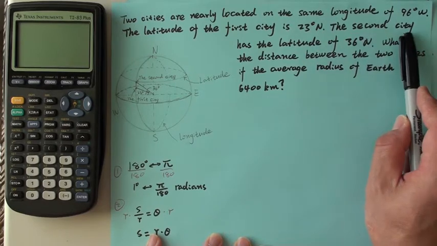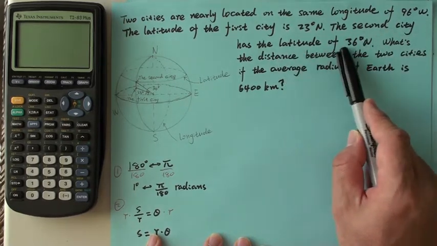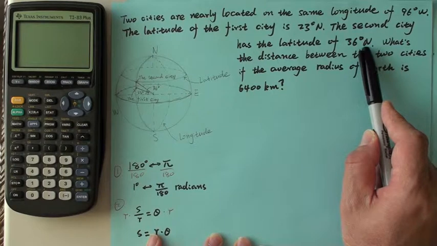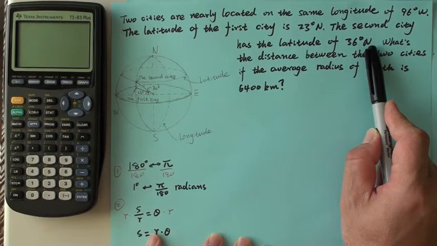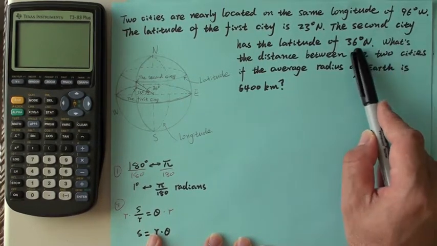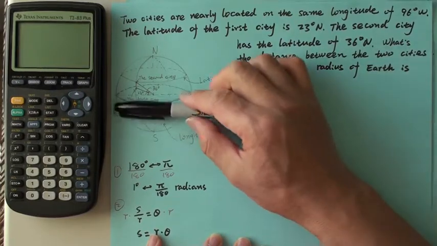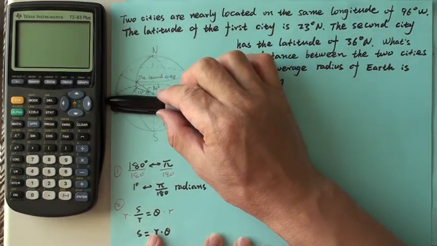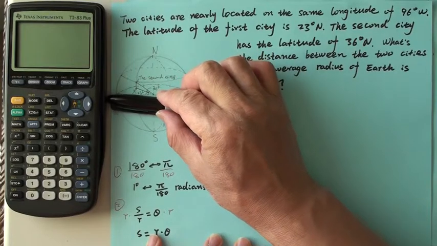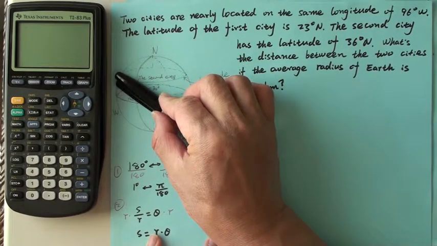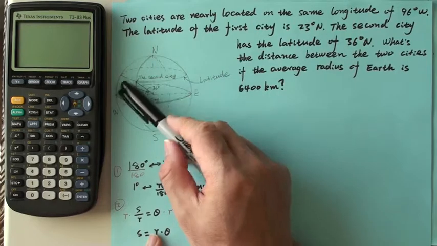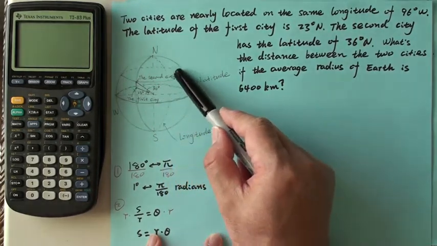The second city has the latitude of 36 degrees north. So the second city, the latitude is higher. It means that from the equator, you raise up to 36 degrees. Basically it's this disk.